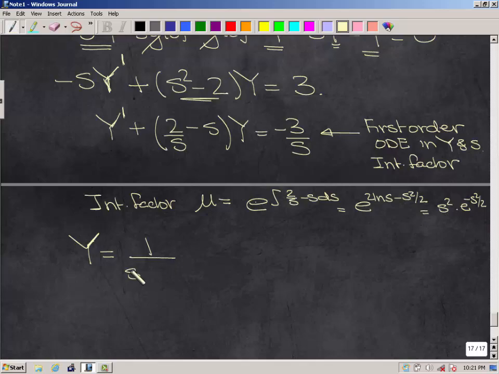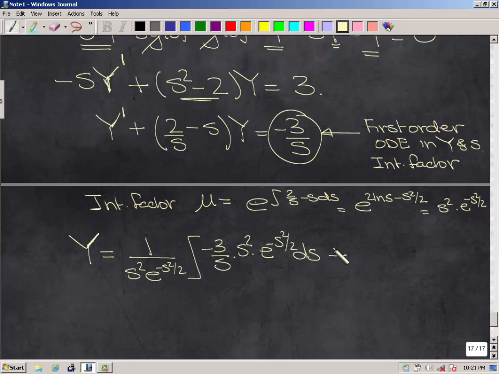So we get s squared times e to the negative s squared over 2 times the integral of g, which in our case is negative 3 over s, times the integrating factor s squared times e to the negative s squared over 2 ds, plus some constant divided by the integrating factor s squared times e to the negative s squared over 2. Okay, that's what we end up with.